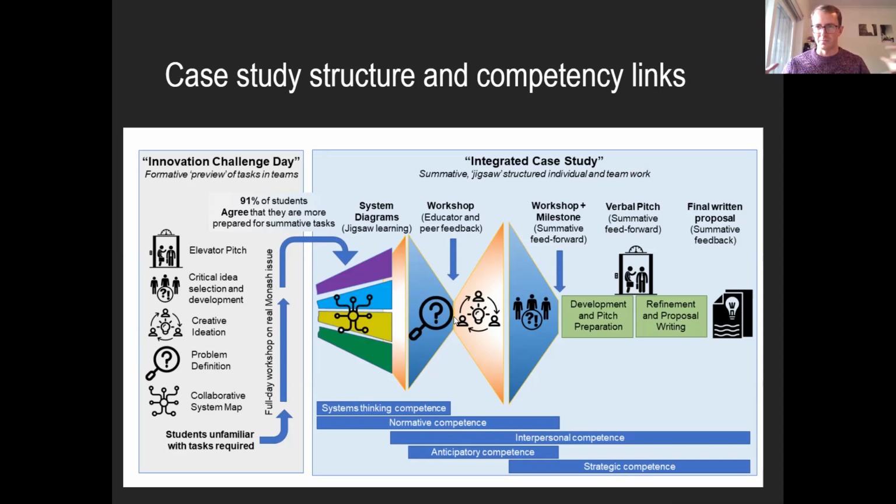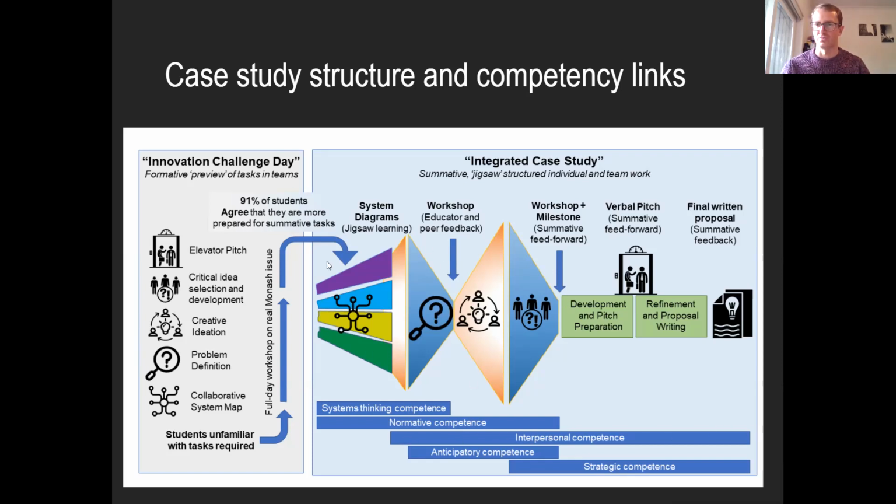They then more tightly define what they think are the priority areas for intervention, and that really draws on the values around sustainability, and we explicitly use the Sustainable Development Goals to guide that process. And then they think about a range of options and how they might influence futures in those systems, linking in with anticipatory competence there. They then select ones that they think are the most promising, that both work and fit the contexts in which they're looking. And at this point, they're collaborating very closely in teams.